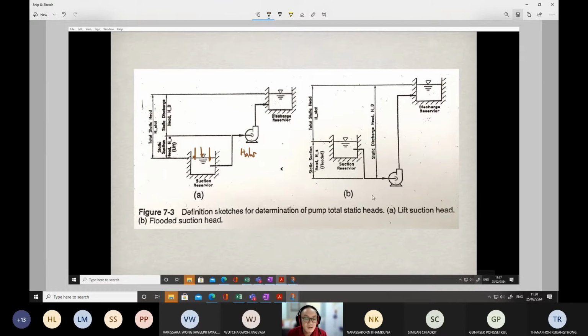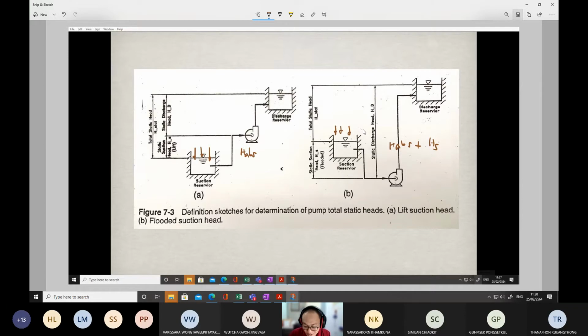But for figure B, the water gets into the casing due to the absolute pressure here, because we open to the atmosphere, plus the flooding pressure due to the flooded water. So it depends on the static suction head in this case.